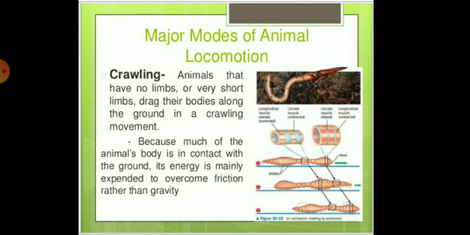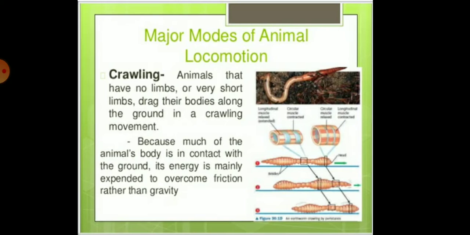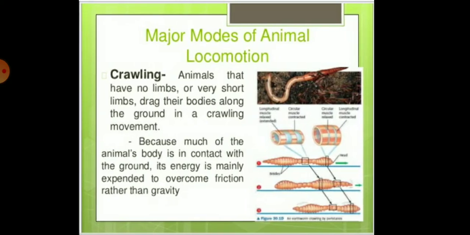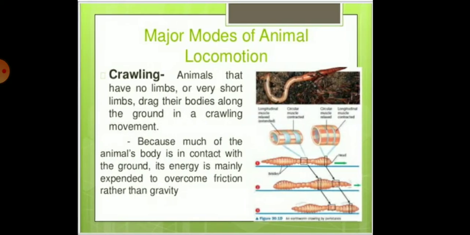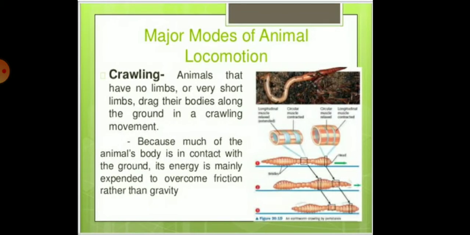You can also observe the movement of the earthworm by placing it on a piece of paper. Children, we know earthworms are the farmer's friend, because earthworms increase the fertility of the soil. When it moves forward, the anterior end becomes long and thin, while its posterior end becomes short and thick.